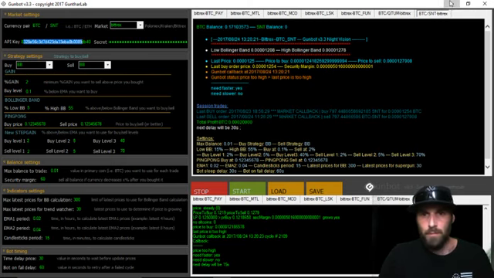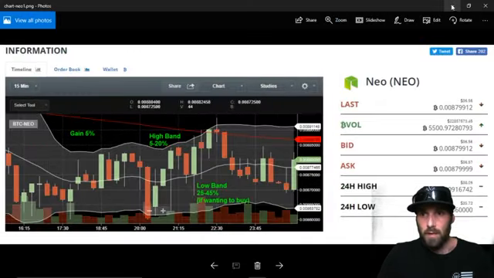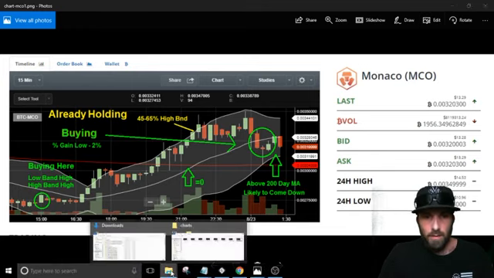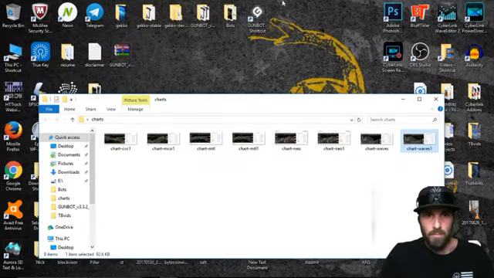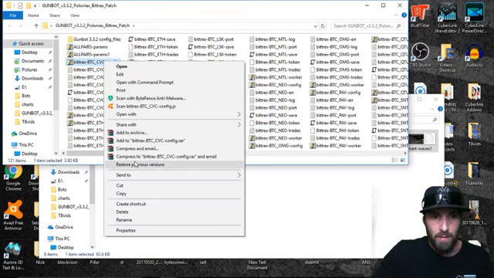So what you want to do to make sure you put it in correctly: each pair that you have will have a config.js. You want to open that with Notepad. I'm not going to open it because I don't want you guys to see my secret key.